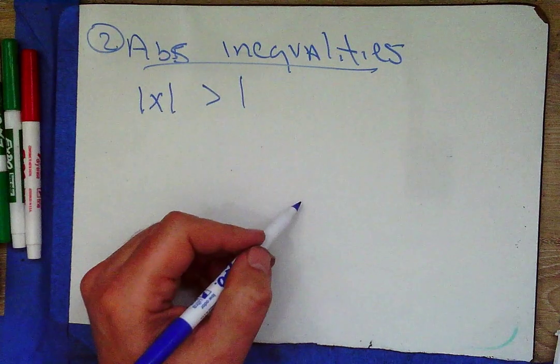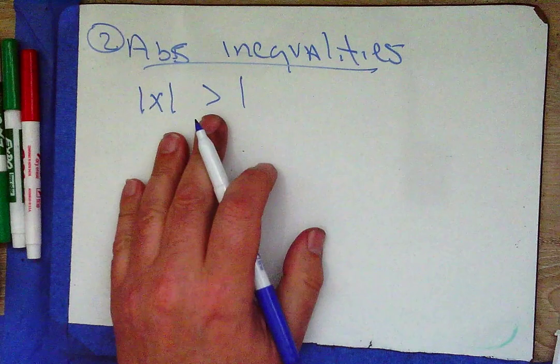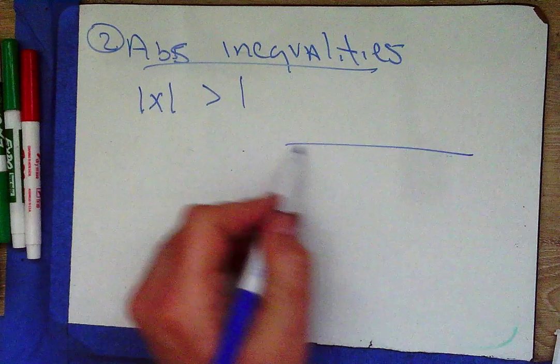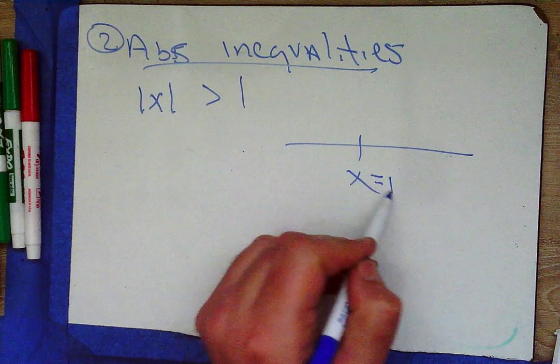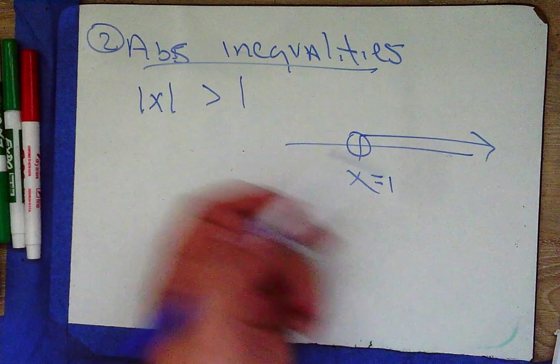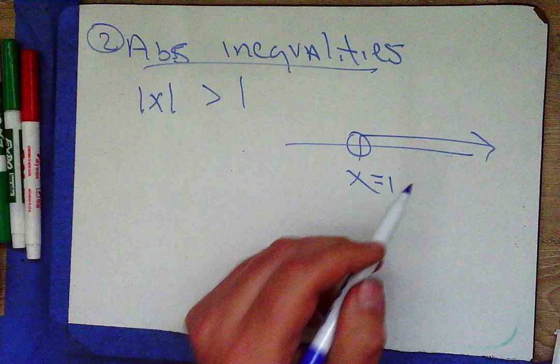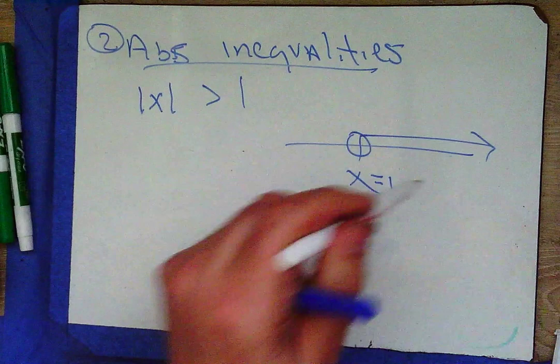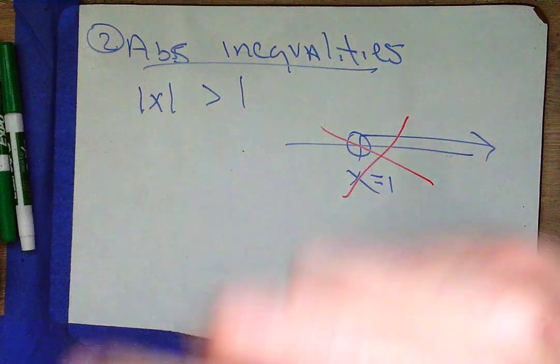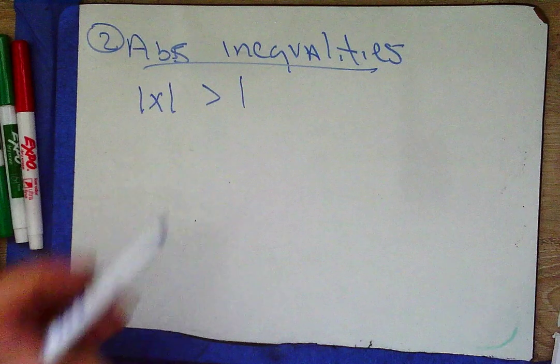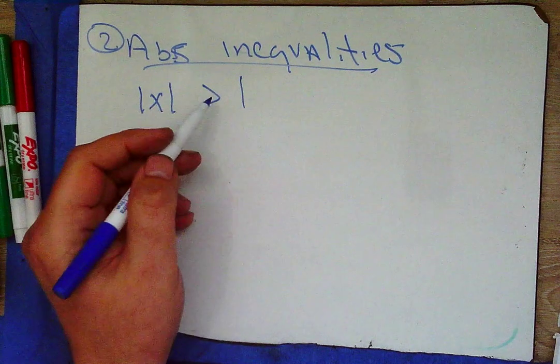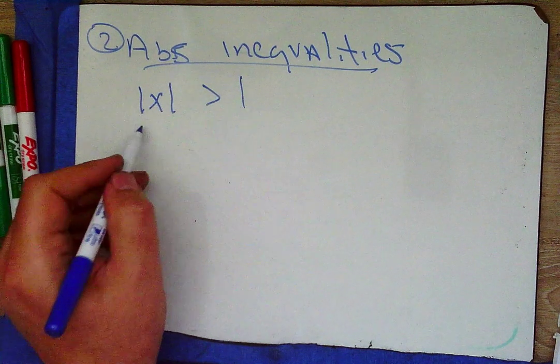Now, you know what happens here is people say, okay, x equals 1, greater than 1, that's my answer, and that's not right. So remember, we want to find critical numbers. We find critical numbers by turning the inequality into an equal sign.